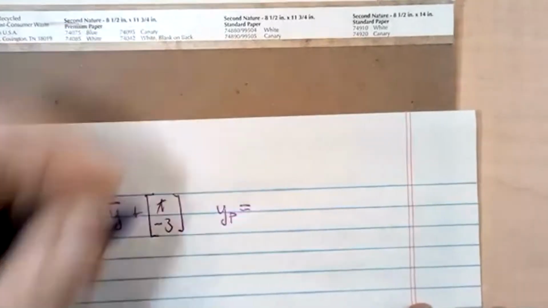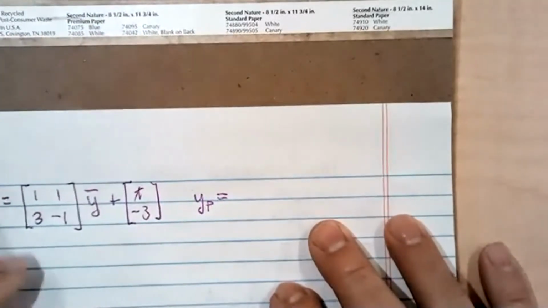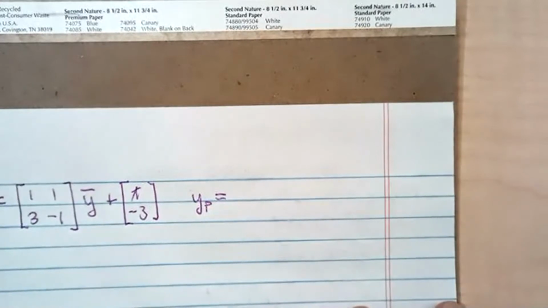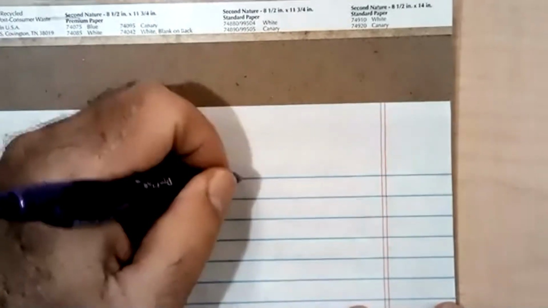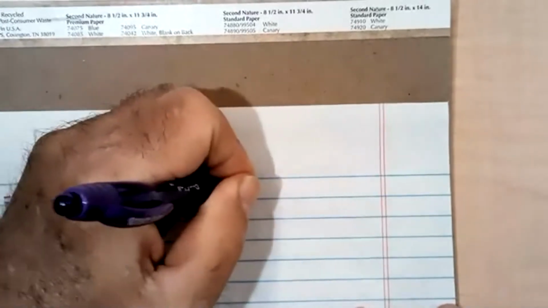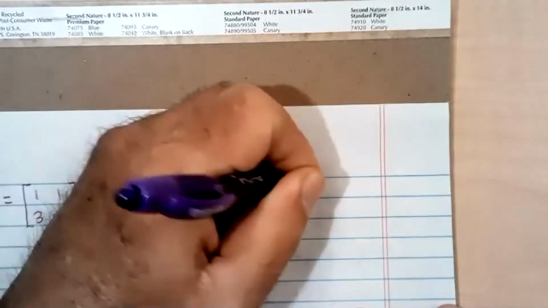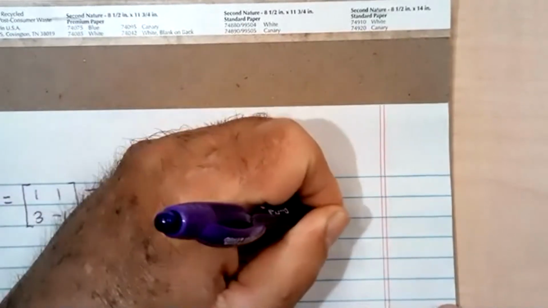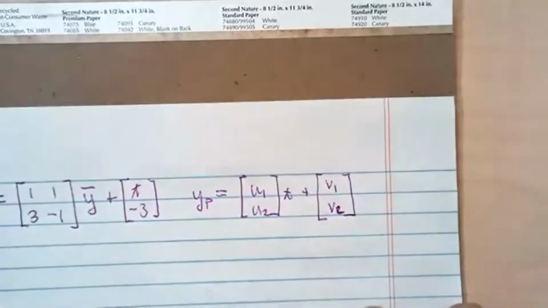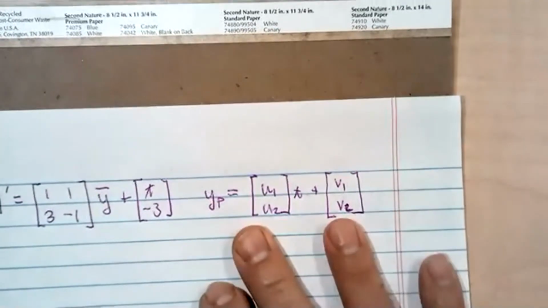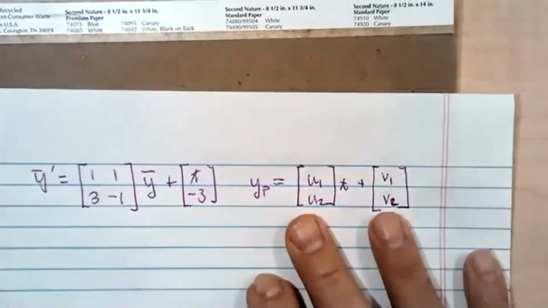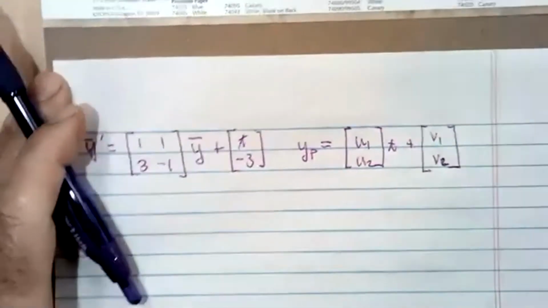And we are hypothesizing that a particular solution will have the form of a linear function, but the coefficients are constant vectors rather than scalars. So u1, u2, t plus v1 and v2. Okay, so what we do is simply plug this into that and try to clean up the mess after we get that done.